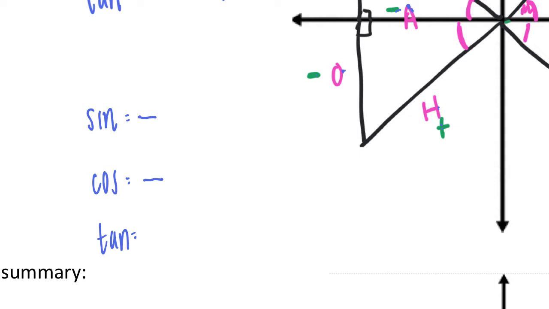The tangent, be careful here, is the opposite over the adjacent, a negative divided by a negative. If you take a negative divided by a negative number, like -4 divided by -2, it is of course going to make a positive number. The reciprocals will follow the signs of their reciprocal buddies. So, take a look here in the third quadrant. The tangent is the one that gets to be positive.